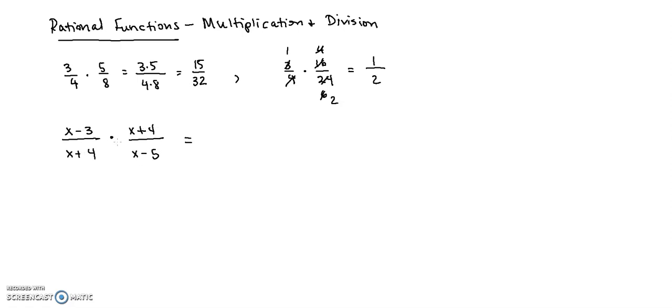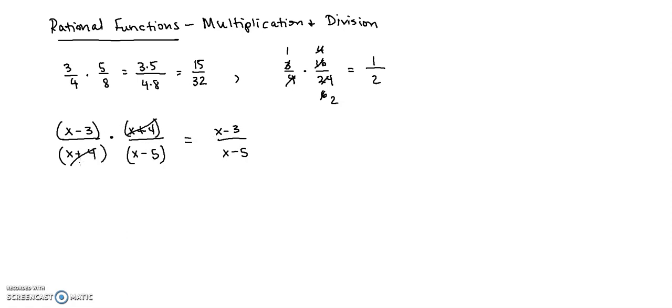But we can also simplify anything top to bottom. So x minus 3 and x minus 5 don't match, but x plus 4 do. Okay, this is all multiplication and division. If you want to, you can put parentheses around them like this to remind yourself. The x plus 4 factors match, and we're left with x minus 3 over x minus 5.